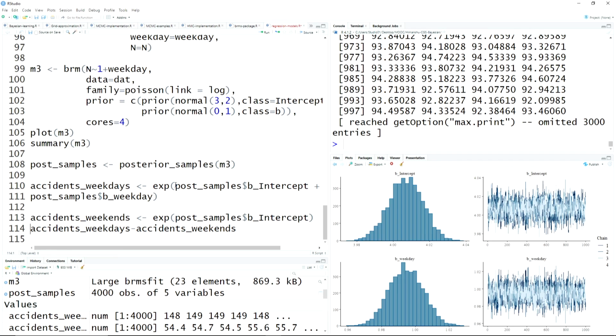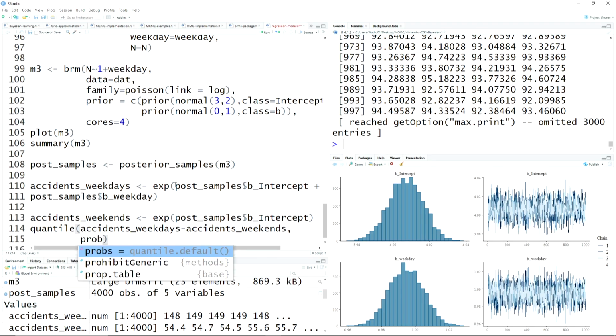Now you can retrieve the 95% credible interval of this estimate. This is still an estimate. This is not a raw number or observed number. This is what your model is estimating: given this model, this is the difference in the rate of road accidents on weekends versus weekdays. What you were getting in the model output was on the log scale.